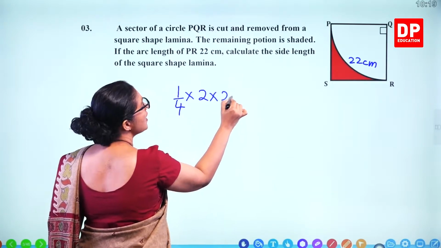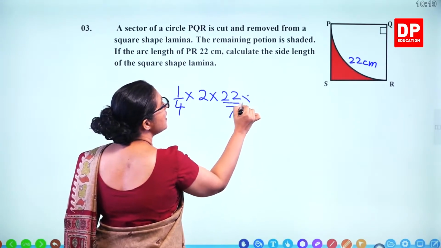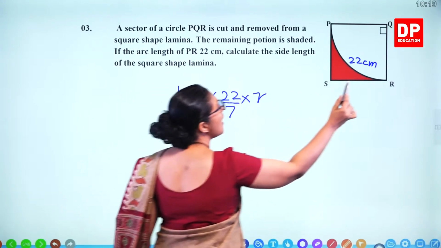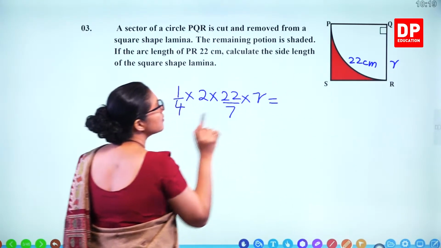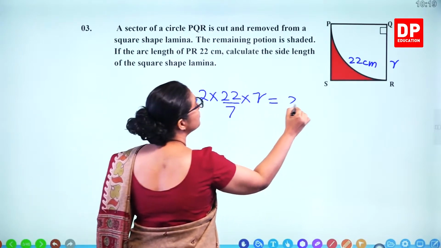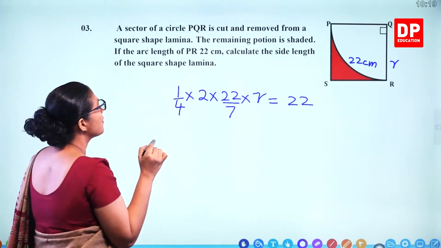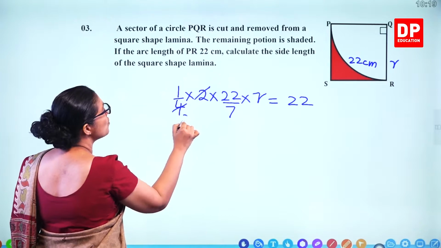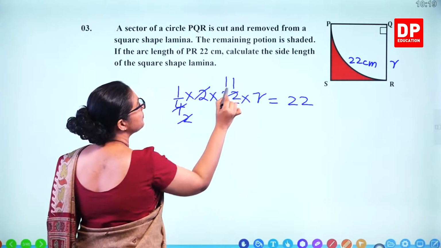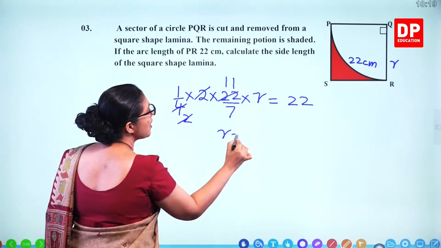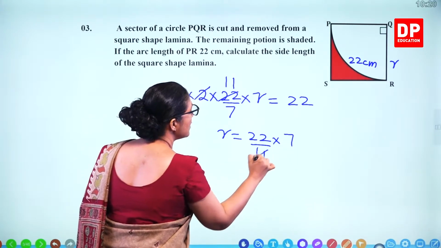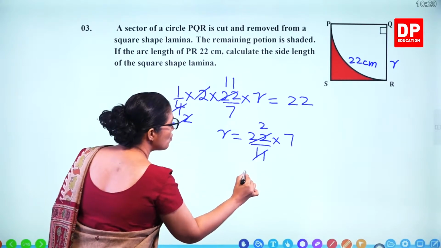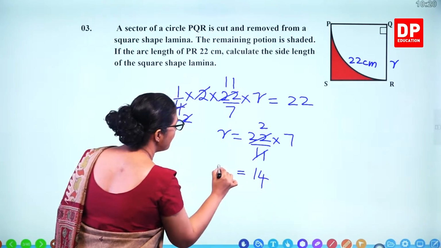2 times pi, 22 over 7, into r. r is the side length now. That's equal to 22. Now find r. 2 times 2, 2 times 11. So r becomes 22 divided by 11, multiplied by 7. 11 times 2, 2 times 7, 14.